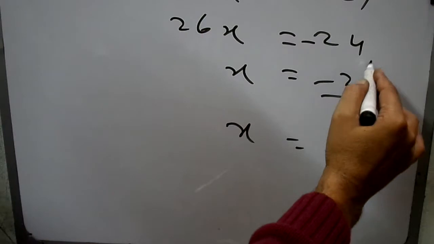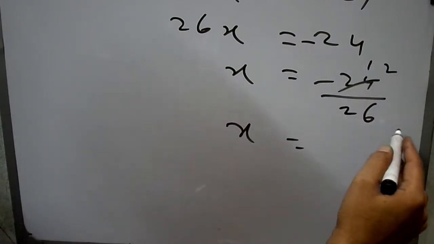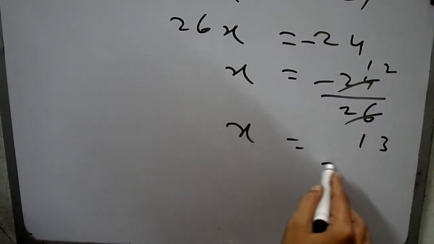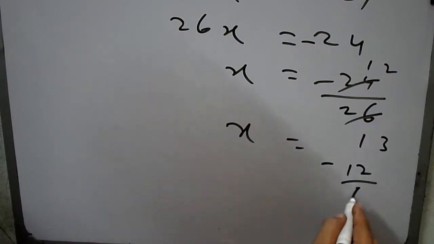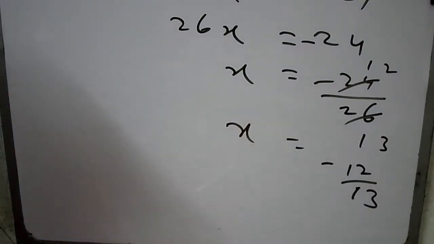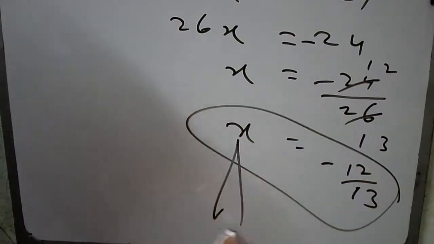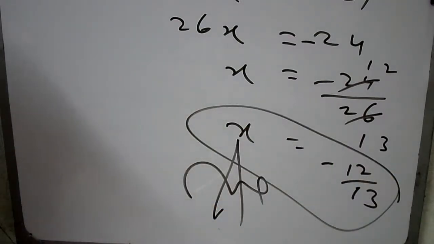So 2 1s are 2, 2 2s are 4, 2 12s are 24, so the value is minus 12 by 13. So we see that no cancellation can be applied here, so that is your result.